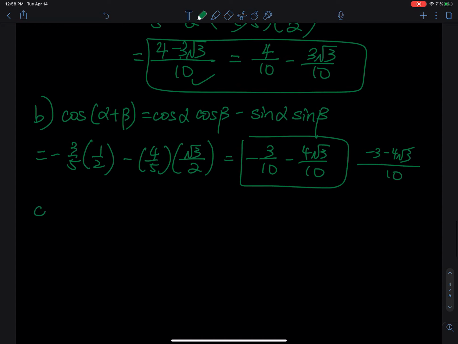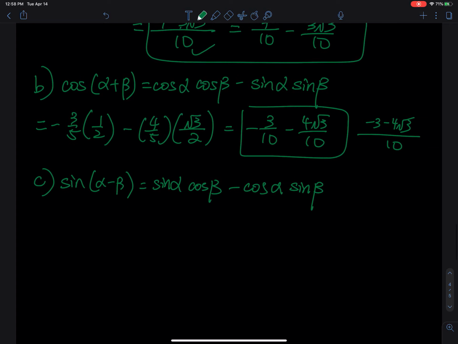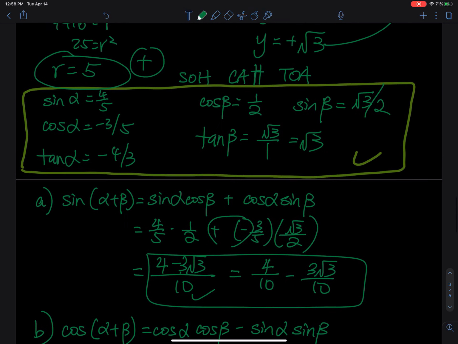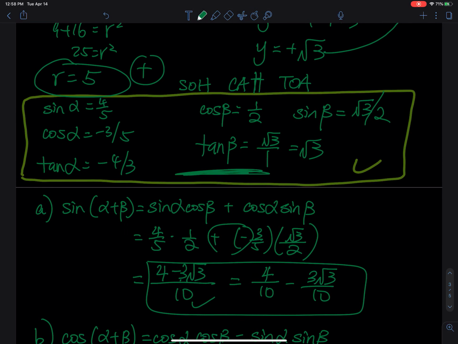And then part C, you have sine of alpha minus beta equals sine alpha cosine beta minus cosine alpha sine beta. Plug in. So you have this written on your paper, right?